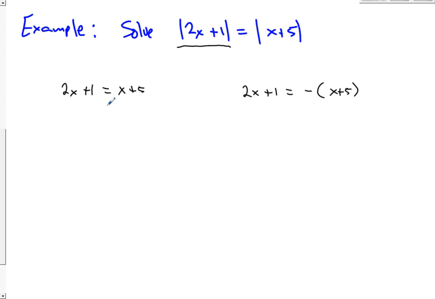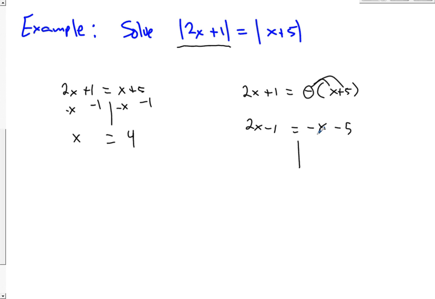When I'm over here on the left and I'm going to solve this, I'm just going to solve this like any regular equation. I'm going to get x's on one side and numbers on the other. So I will subtract the x, and that will give me x. I will subtract the 1 from the left-hand side, and I will get 4. So x will equal 4. Over here, I need to distribute that negative. So I have 2x plus 1 equals negative x minus 5.